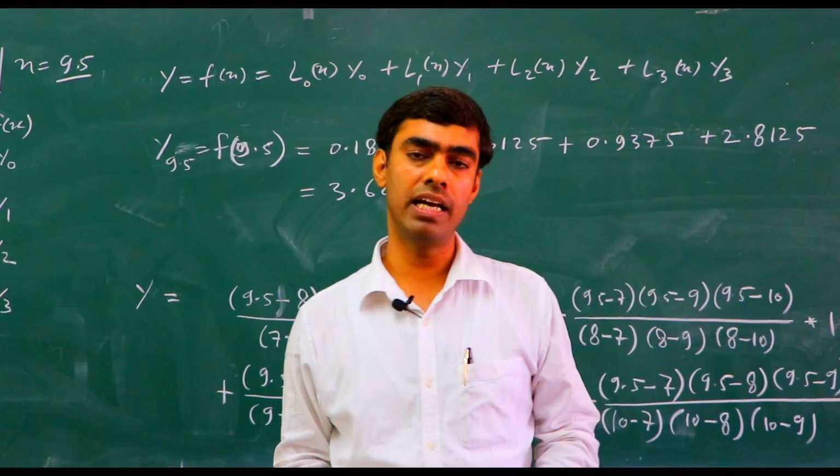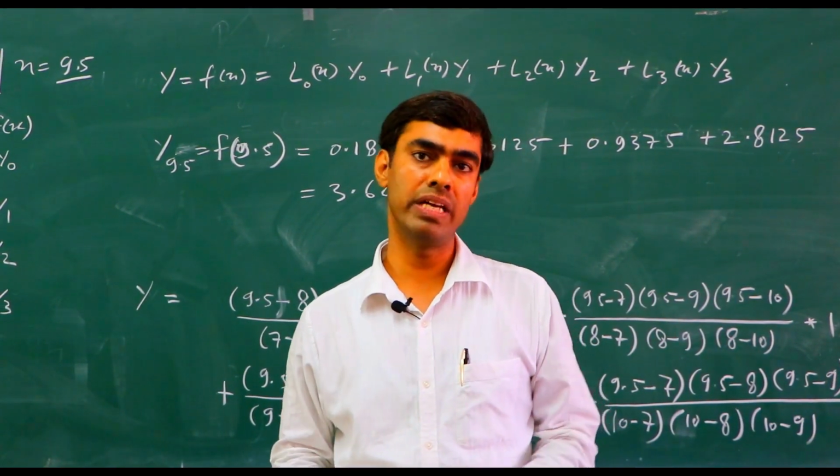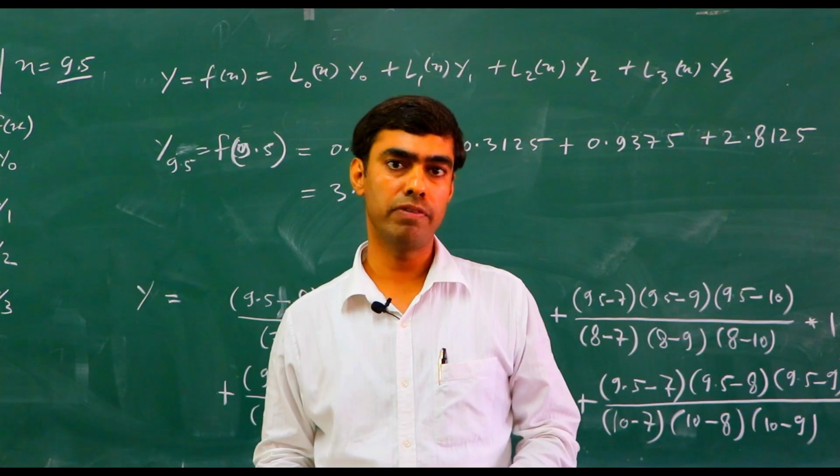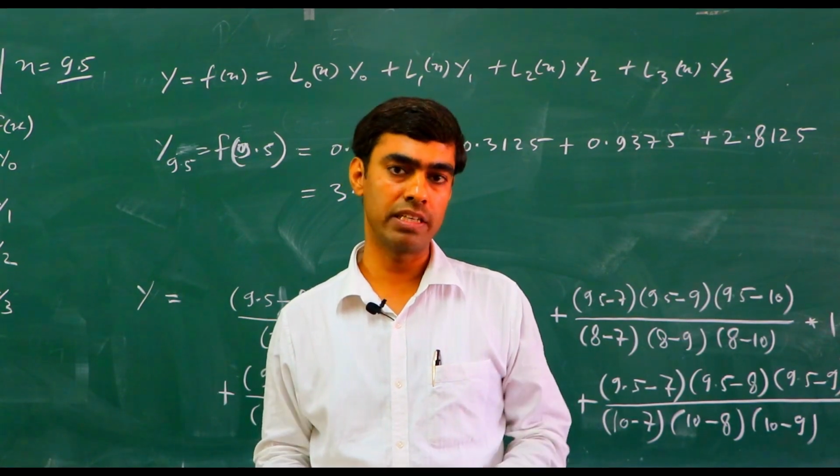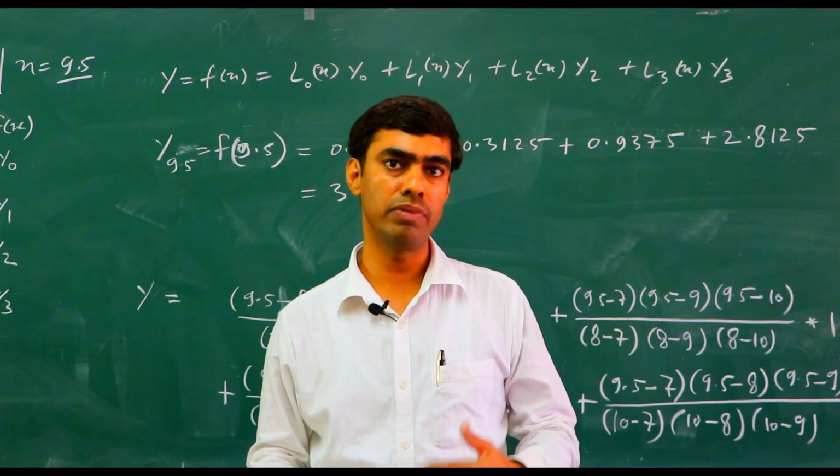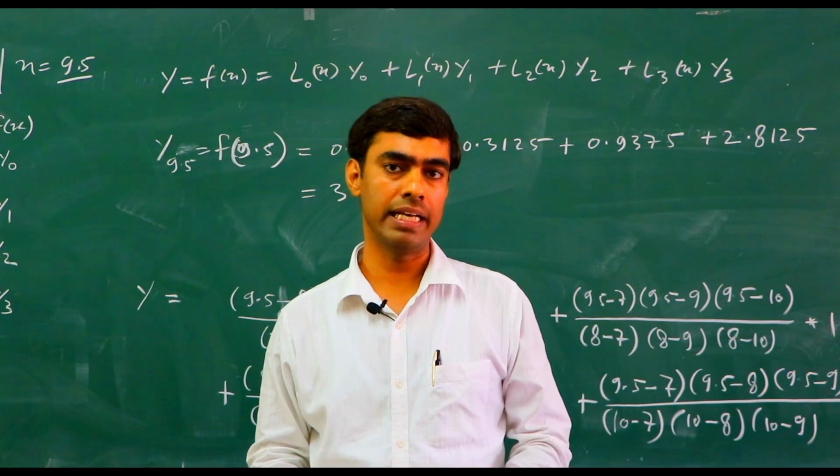So with the help of the Lagrange interpolation formula, not only can we interpolate the value for unequal class interval, we can also interpolate the value for equal class interval.